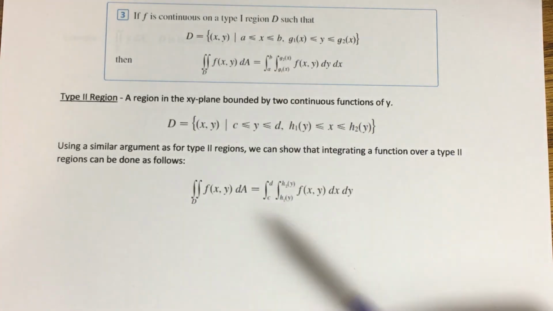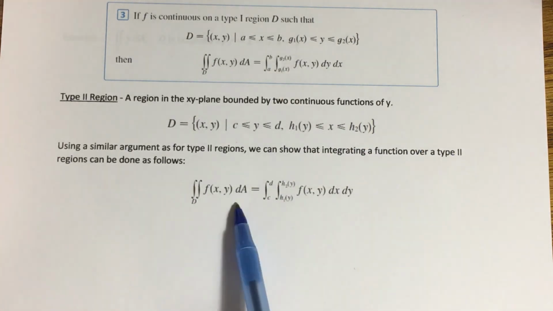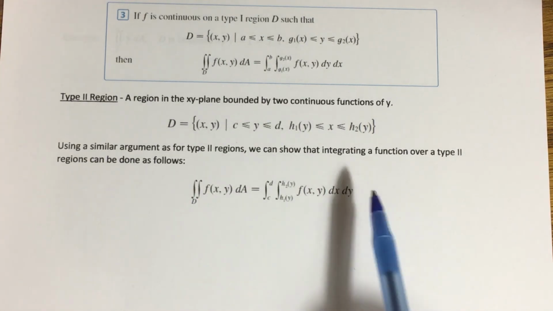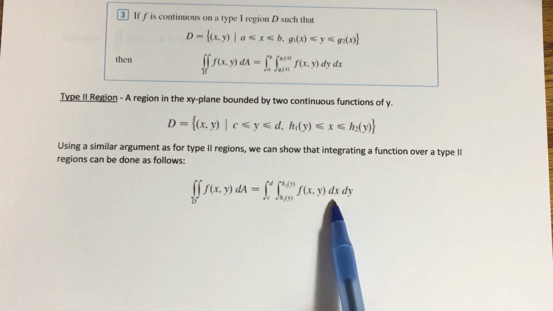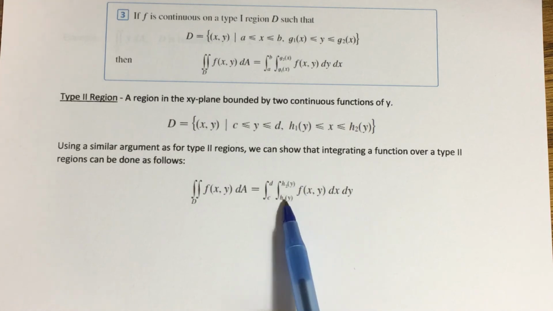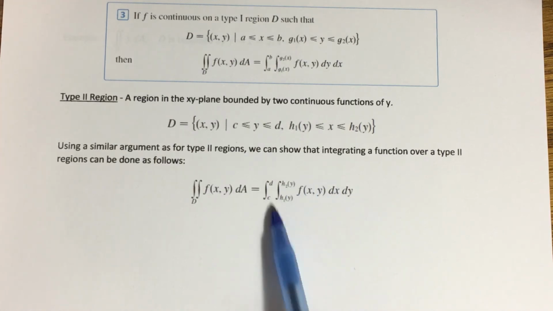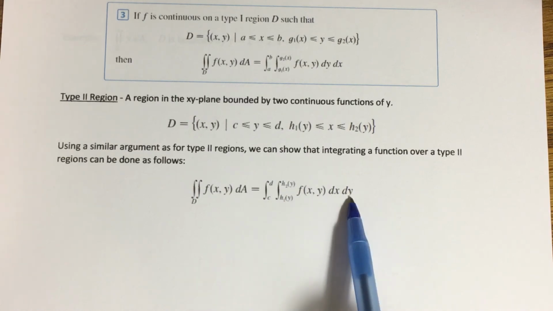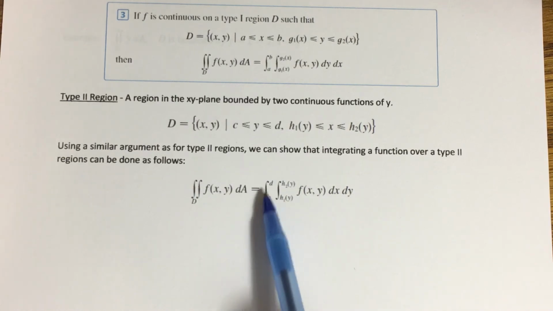And we can go through a similar argument to show that that double integral can be evaluated this way. Notice this time I'm integrating with respect to x first, and the limits of integration look like functions of y. Then once I do that, I follow that up by integrating with respect to y, but that's on a fixed interval.